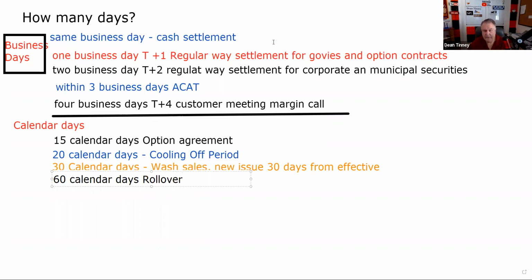90 calendar days. Again, there's a couple 90 calendar day ones. This would be the maximum back date on an LOI.